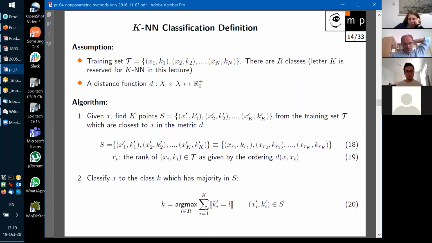If we want to know the value for label L, we go through the top K results from the nearest neighbor sorting, and this is called an Iverson bracket: if L equals the label associated with the i-th example in the sorted order, it gets +1. So this is like a counter of the number of examples in the top K which have label L.